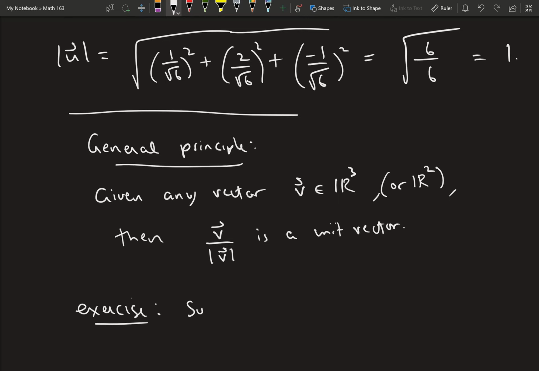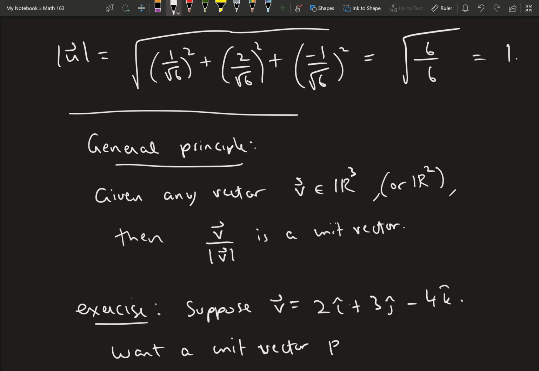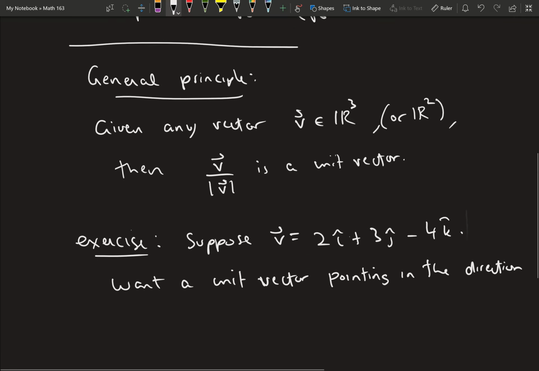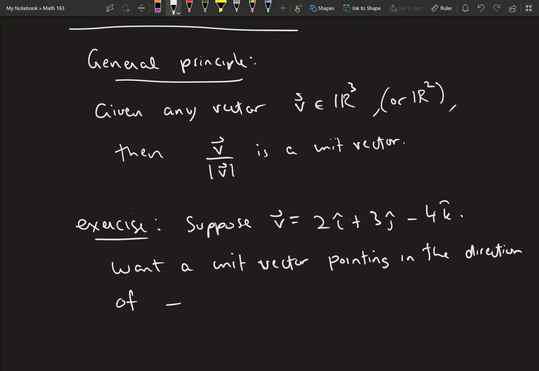So suppose the vector v is 2i plus 3j minus 4k, and we want a unit vector pointing in the direction of negative v.